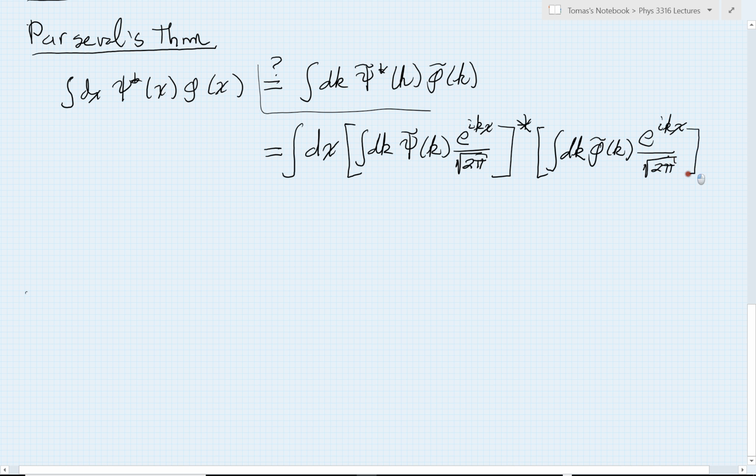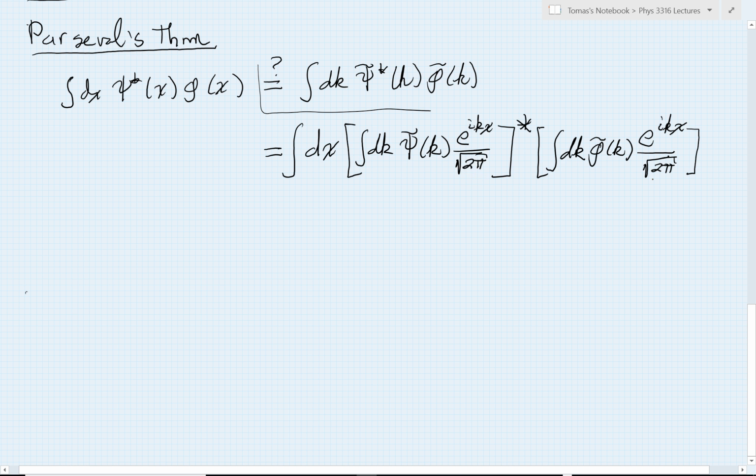Now here we are about to see why I chose this factor of 1 over root 2 pi to appear in this forward transform, which is what then made me have to choose the 1 over root 2 pi in the inverse transform. The reason why I split up the factor of 2 pi that we needed into symmetric square roots of 2 pi will become clear very soon now. It's precisely for what's about to follow.